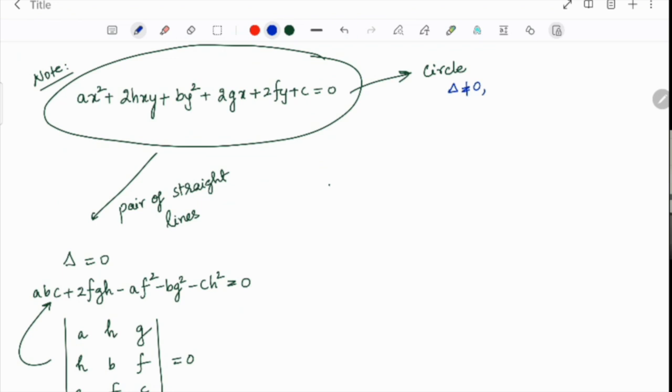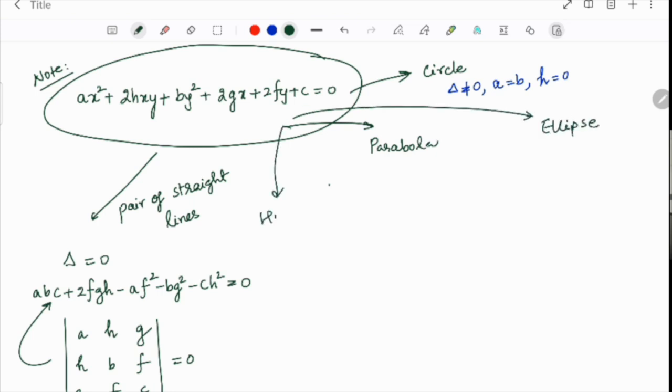First of all, we should not be able to break it down into two line equations. The x² coefficient should be equal to the y² coefficient, and the xy coefficient should not be there. When does this represent a parabola? When does it represent an ellipse? When does it represent a hyperbola? It represents a parabola when we should not be able to break it down into two line equations and h² is equal to ab.